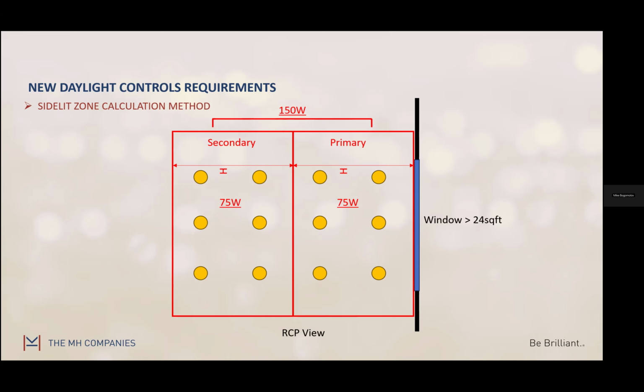Closed loop photocells work great for low ceiling mount applications, so ceilings that are probably 12 feet or lower, because they have to be able to read all the way down to the task level. The farther away you put them, the harder it is for that photocell to pick up those levels. In that case, you can use an open loop photocell. An open loop photocell only looks at the natural light that's coming into the space.